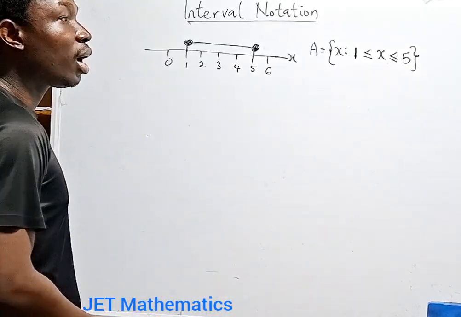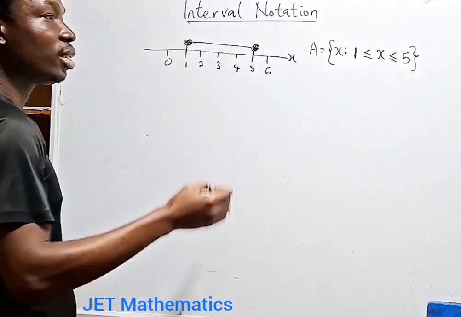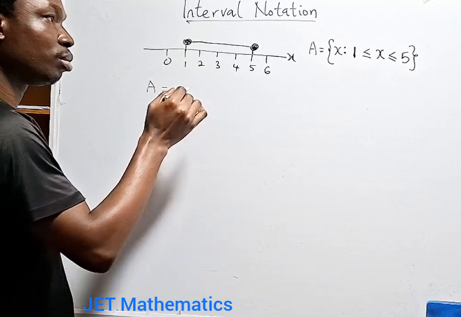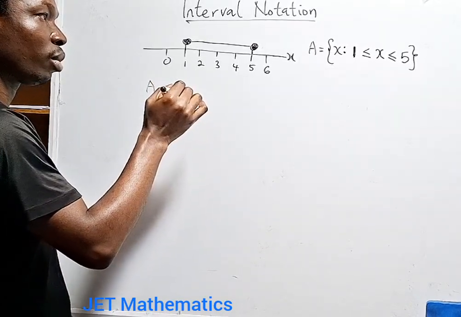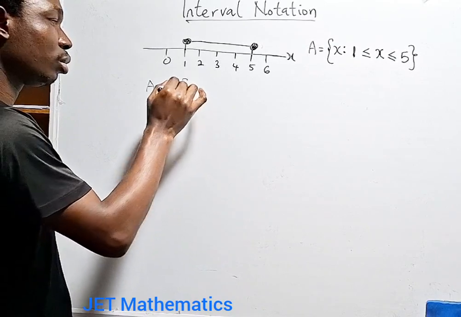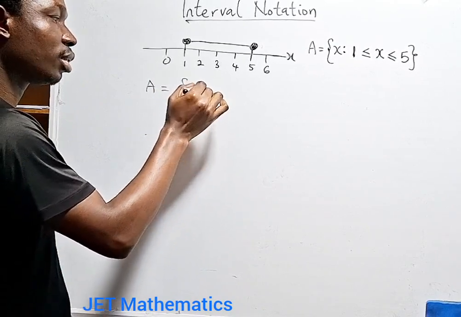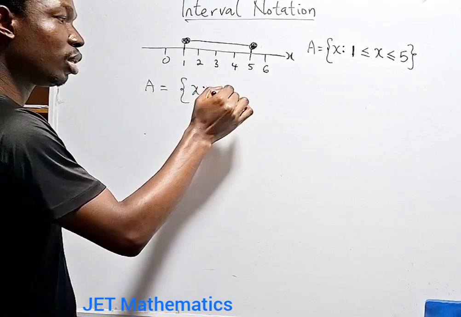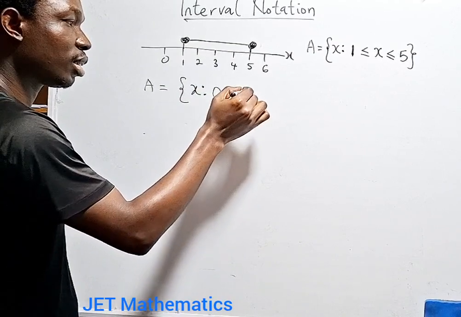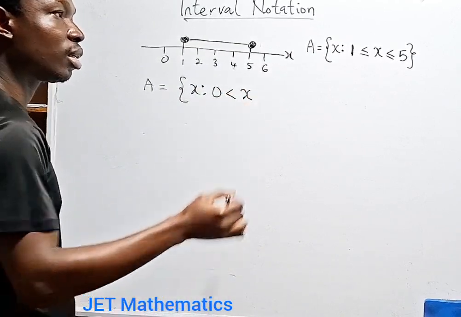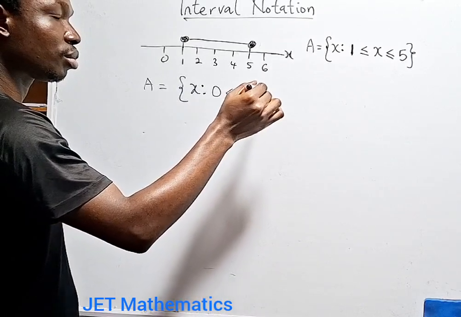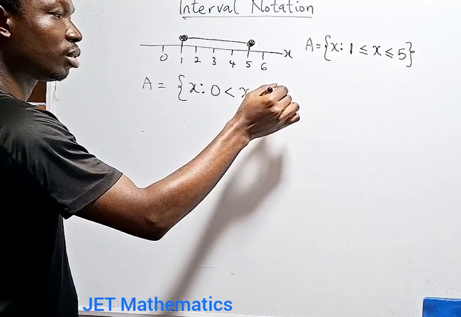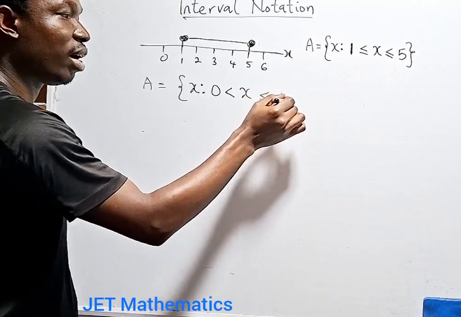Okay, now if I decide to write it in this form, A is equal to x such that 0 is less than x less than or equal to 5.